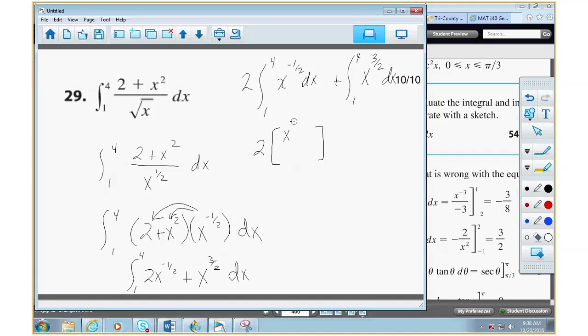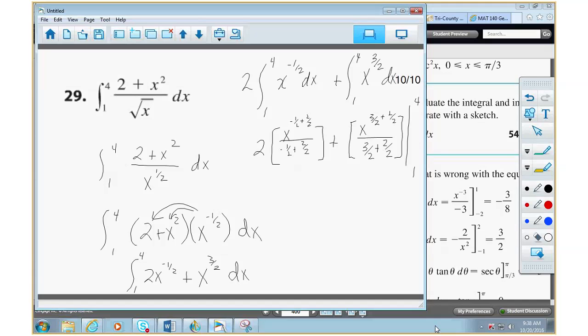X to the negative 1/2 plus 2 halves over negative 1/2 plus 2 halves, plus x to the 3 halves plus 2 halves over 3 halves plus 2 halves, evaluated from 1 to 4.